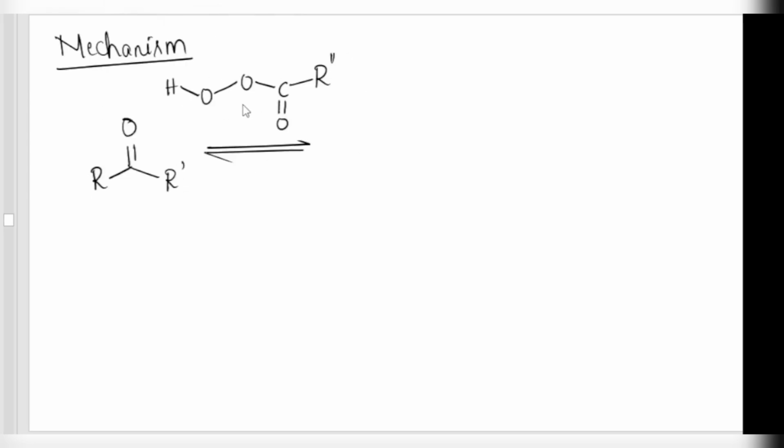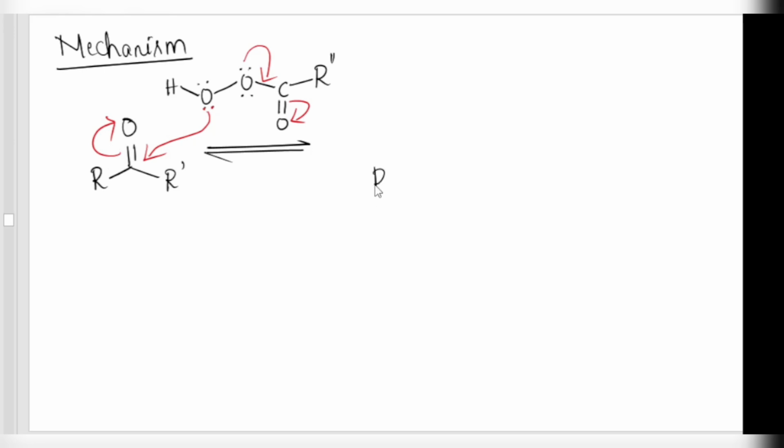And here in the general example for the mechanism, oxygens have two lone pairs, correct? Here also two lone pairs are there. And here what will happen, this lone pair is in conjugation with this particular carbonyl group. That's why the terminal oxygen's lone pair is localized over here, and this particular lone pair will come and attack this carbonyl group, and the electrons will shift like that.